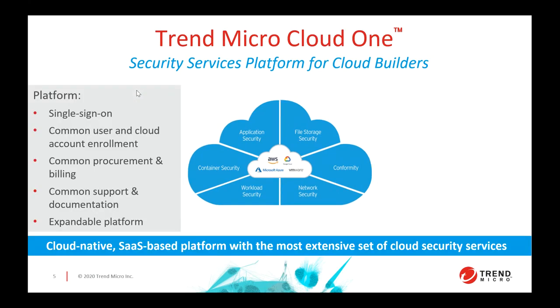So, a cloud-native SaaS-based platform with the most extensive set of cloud security services. How is Trend Micro Cloud One deployed? You may have this question in mind. It is available to all customers as a SaaS-based model. You can even request a trial.